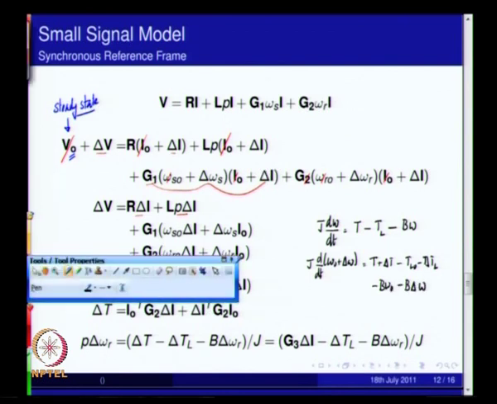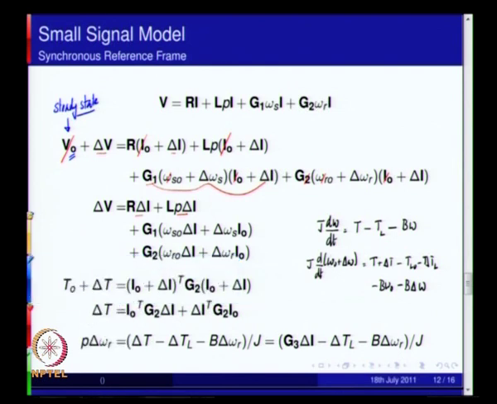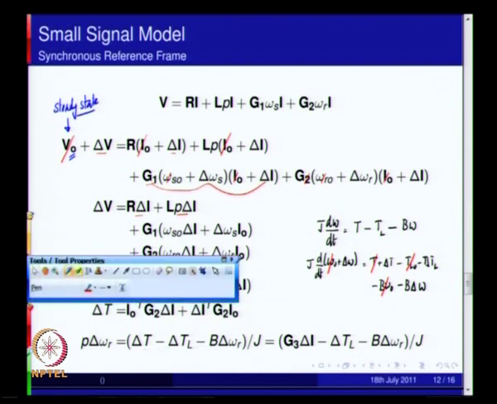As usual, if we remove the steady state part of it, then d omega naught by dt gets cancelled with T naught, TL naught and B omega naught, and what is remaining is d delta omega r by dt, which is given by this expression.